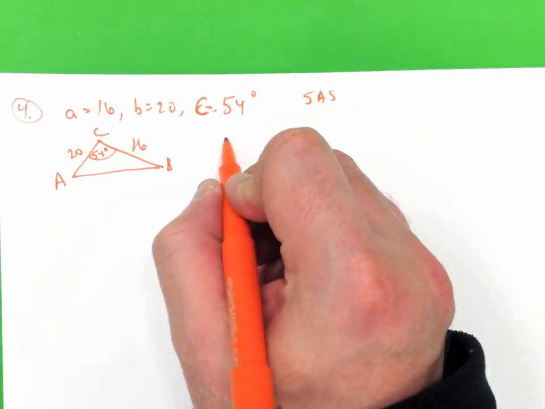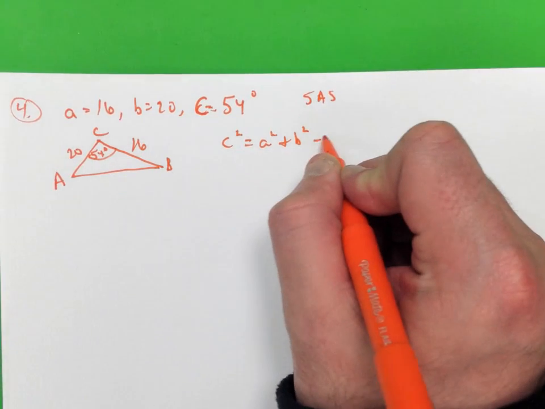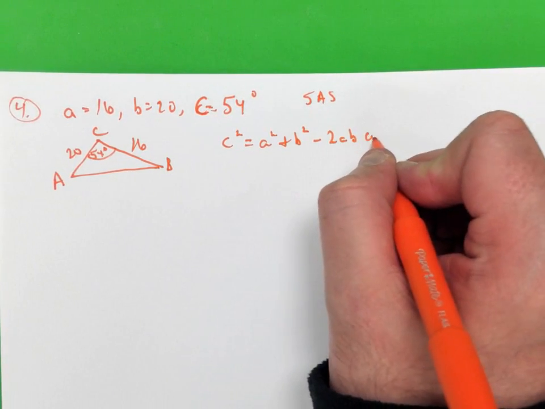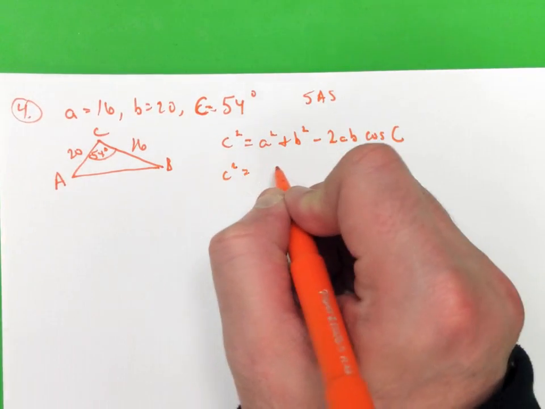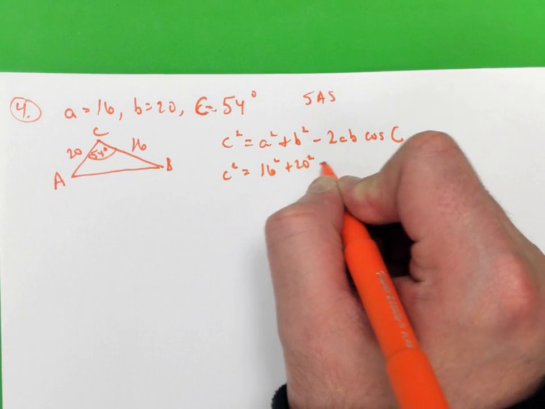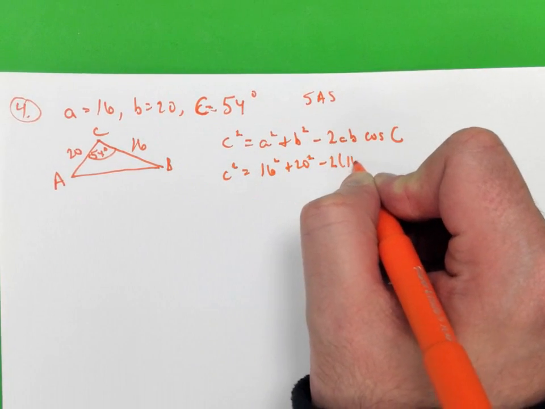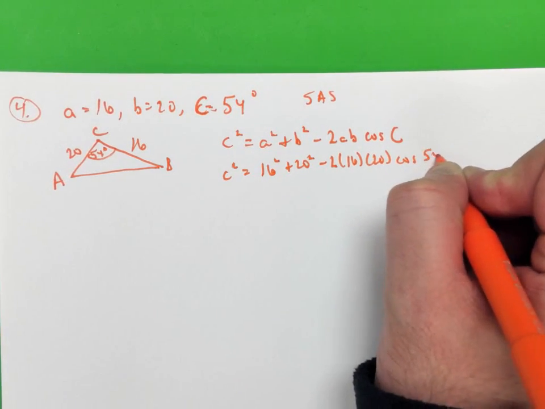So I'm going to go C squared equals A squared plus B squared minus 2AB cosine of C. C squared equals 16 squared plus 20 squared minus 2 times 16 times 20 times cosine of 54.